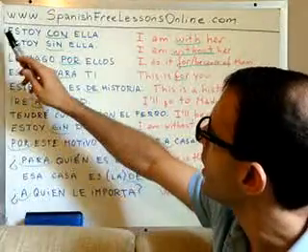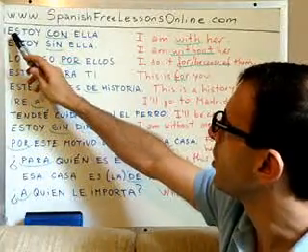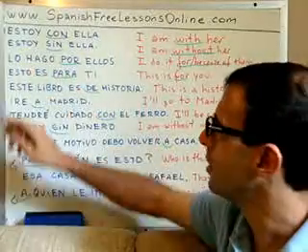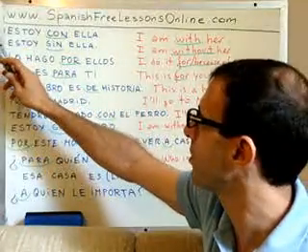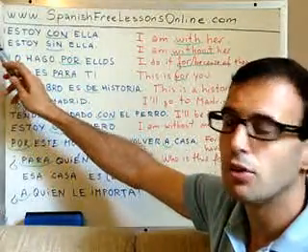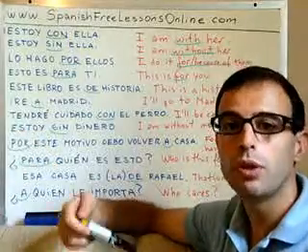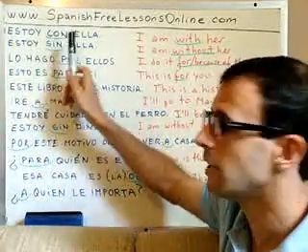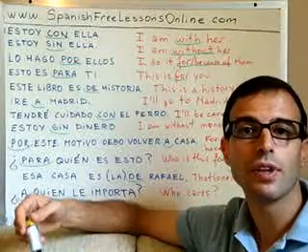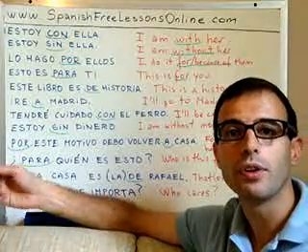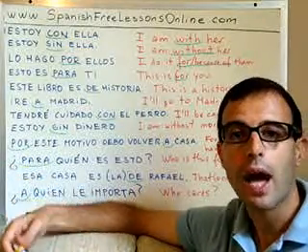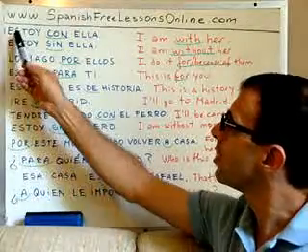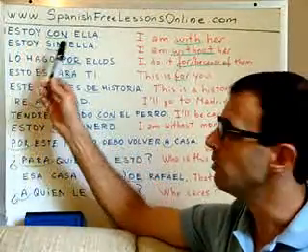So here I'm not saying yo estoy con ella, right? Yo is I. I'm not saying yo estoy con ella, although that would be correct also. I'm just saying estoy con ella. It's as if in English, instead of saying I am with her, I would just say am with her. This is mostly used in Spanish.